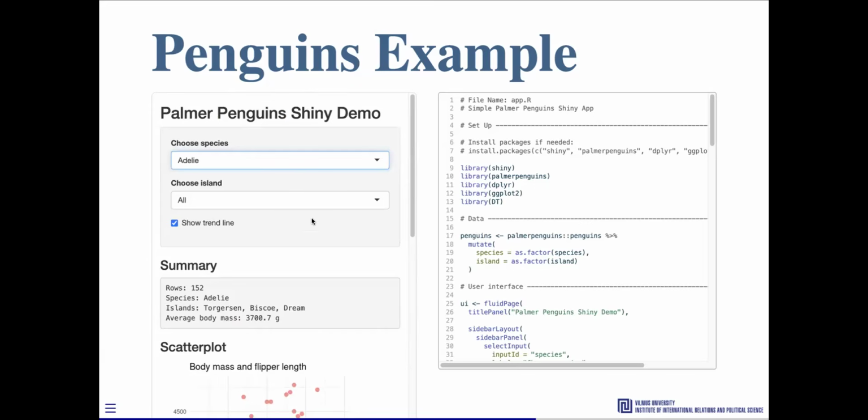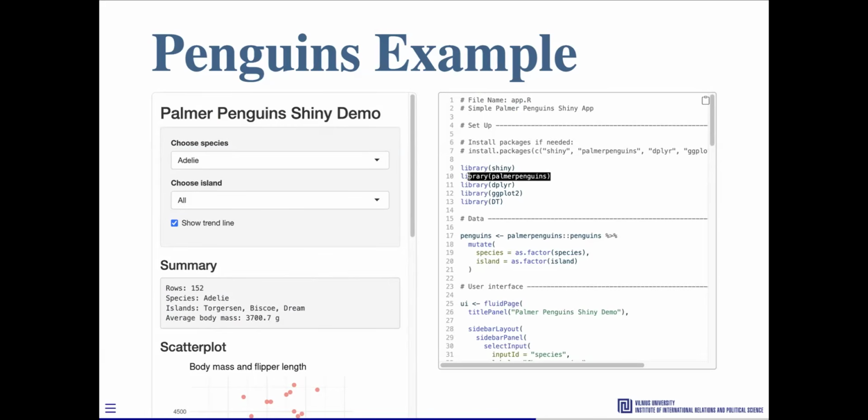Now, let's inspect the code that was necessary to create this very simple app. Here, let's assume that we have a file called app.r. And like with any other R script, we need to load the libraries that we're going to use. The library shiny helps us create the Shiny app.